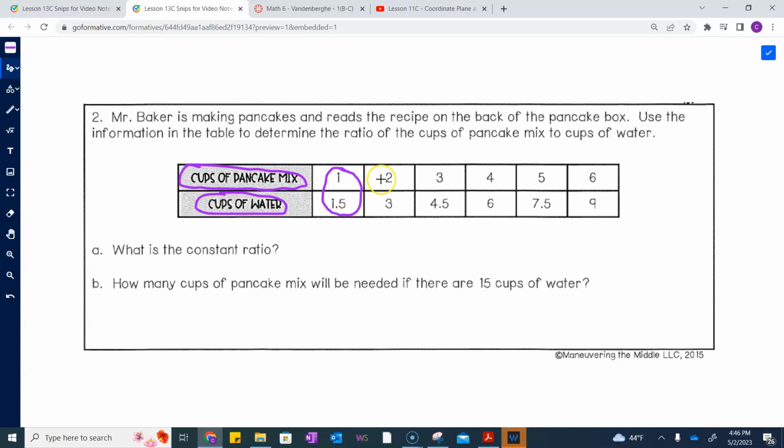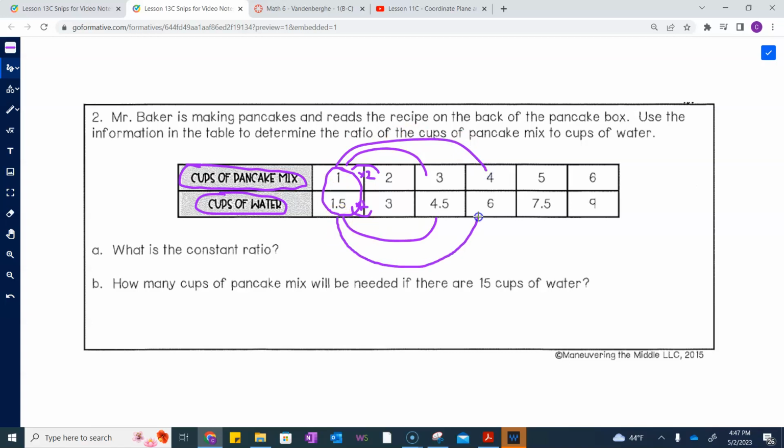And then if you double the recipe, times it by 2, times 1.5 by 2, you'll need 2 cups of pancake mix to your 3 cups of water. And then if you triple the recipe, times it by 3, you'll need 3 cups of pancake mix to 4.5 cups of water. And then if you quadruple it, you're going to times that pancake mix by 4.